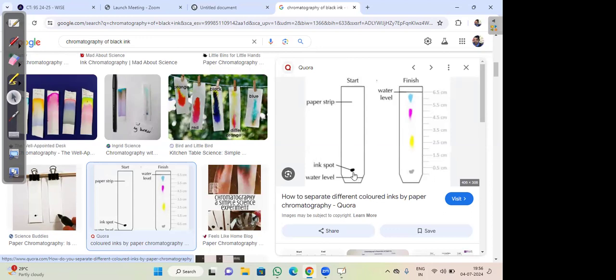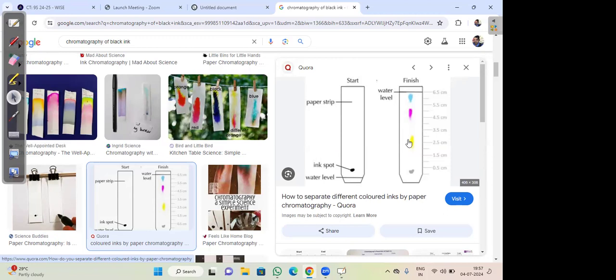Depending on absorption, the different color components will start moving upward on this chromatography paper. As you can see on the side, there is a blue color component at the top, then a purple color component, then a yellow colored component. In this way, all the color components can be separated out.